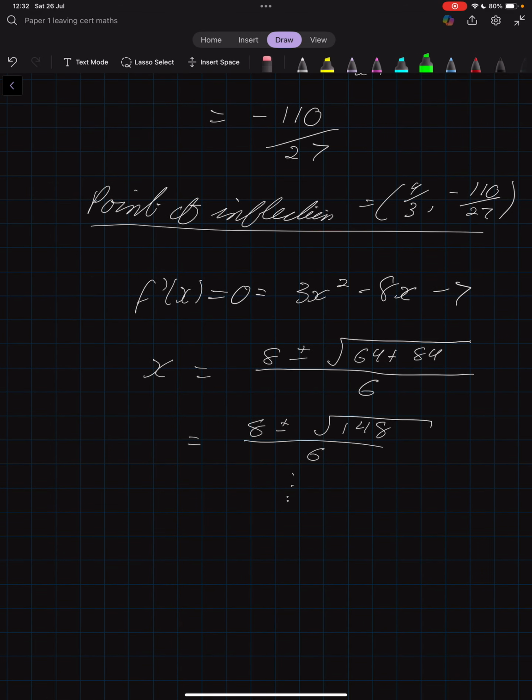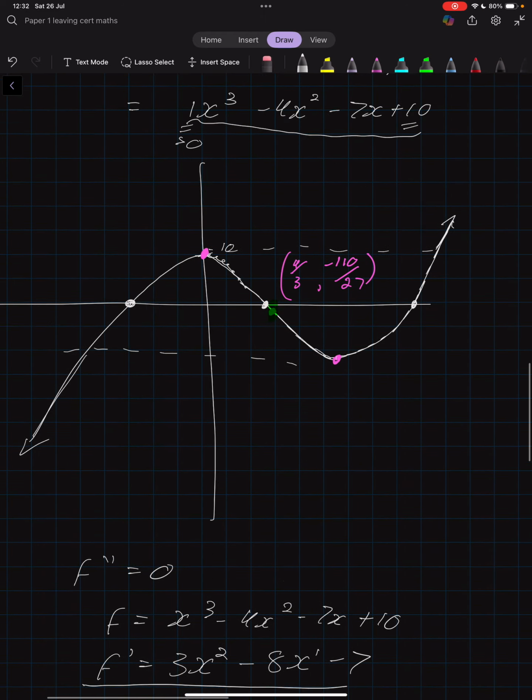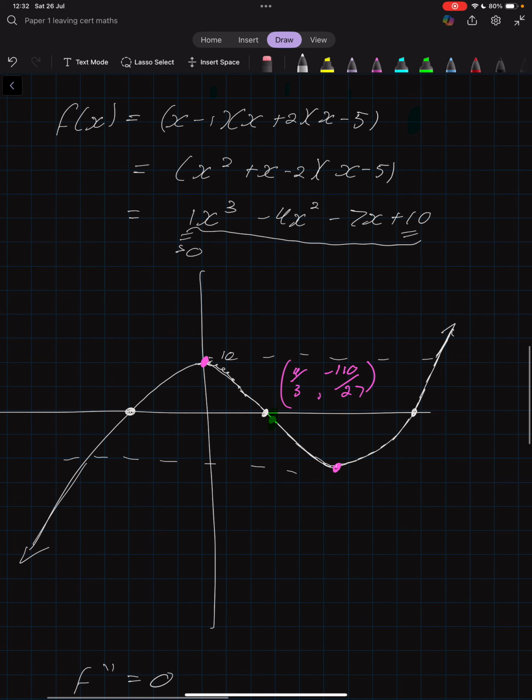Now, if I ask you, which one is going to be the local max and which is the local min? So this, remember, it's 8 over 6 plus minus the square root of 148 over 6. So which do you think it is? If I add it, will I get the minimum? Or if I minus it, will I get the minimum? So where's the minimum? Where's the maximum? This is the x value. So remember, go back to your graph.